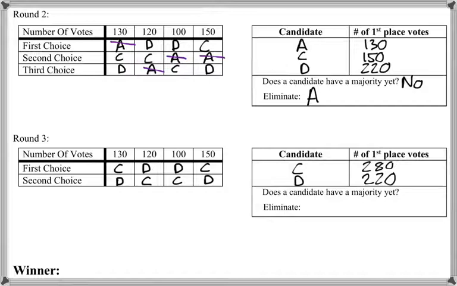Does a candidate have a majority yet? So you need 251 to have a majority, and C has a majority. So yes, and we are going to eliminate D and declare C, who is Carmen, as the winner.